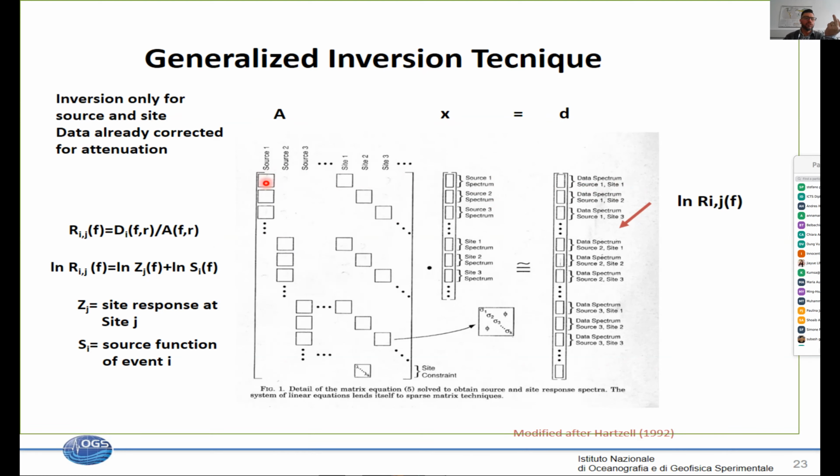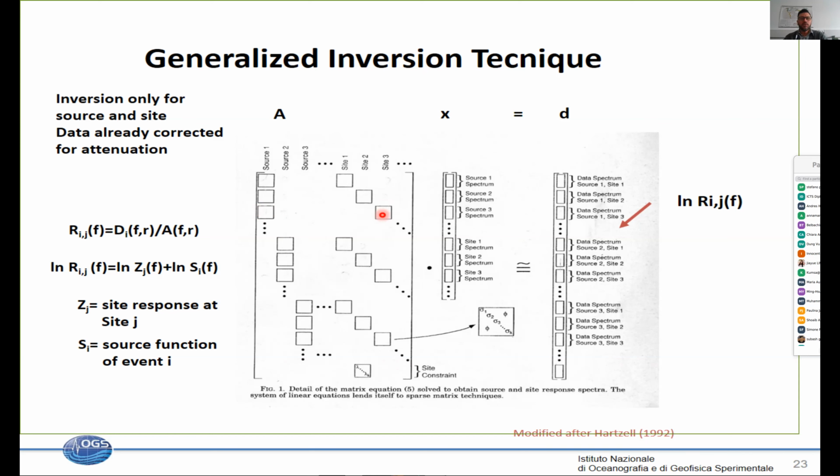I will have the first column of the source with a 1, all the others will be 0, and then I will have a 1 at station 1. Then I will have always the first earthquake, that is recorded at the second station. So in my matrix, I will have a 1 in the position corresponding to the first event, and a 1 in correspondence of the second site. Then the first event is recorded at station number 3. So I will have again a 1 in the position of the first event, and this time a 1 in the position of station number 3.